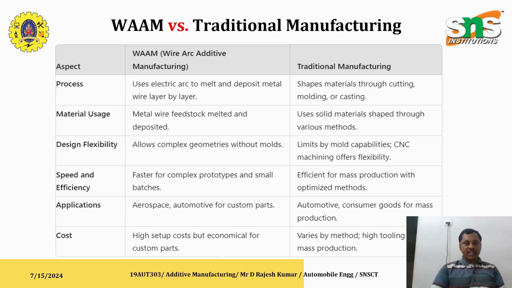So the material usage here is the wire form of material, which is melted and deposited layer by layer, whereas there it is a solid shaped material processed through various methods. For flexibility, wire arc allows complex geometries without a mold. Whereas in traditional manufacturing, there is a limitation on the mold because we cannot achieve all kinds of profiles in the mold. So there should be application of a CNC machine in order to get the required geometry.